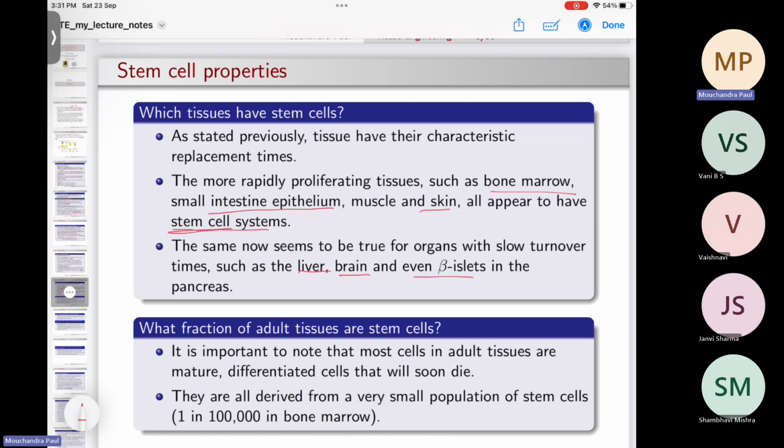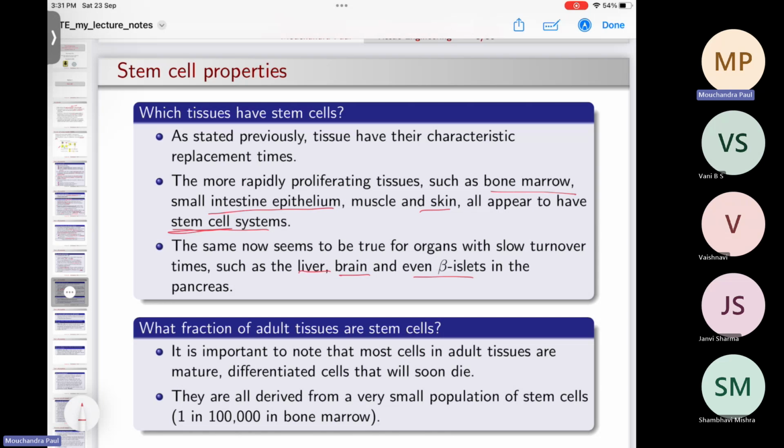Maybe one stem cell will become active and start proliferating in a year, whereas in skin, say one or two stem cells start proliferating every month. So this kind of rate varies. But yes, stem cell populations are being discovered in almost all organ and tissue types in our body.